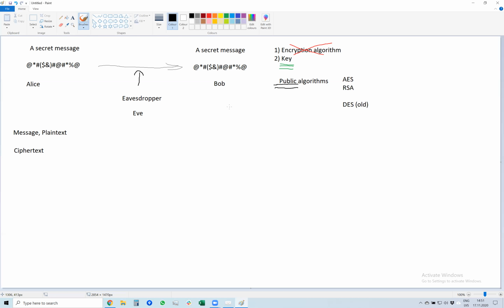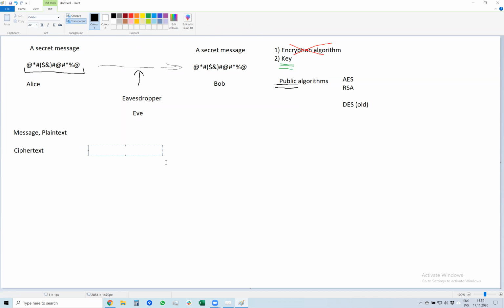Now, what the encryption algorithms want to do is they want this ciphertext to look as random as possible. I'll just write it in words. Ciphertext needs to look as random ones and zeros.